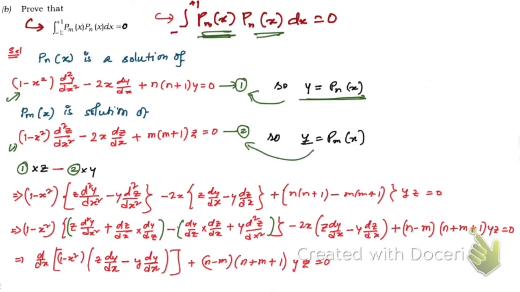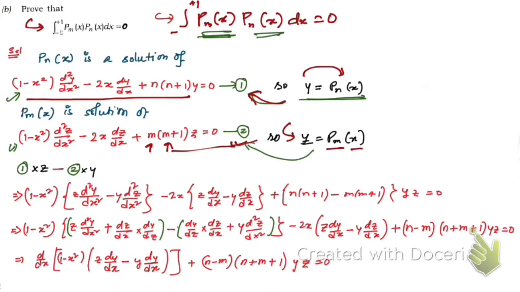This is the Legendre equation, where the solution is y equals Pn of x. For equation number 2, we have taken it in terms of m, so its solution is z equals Pm of x.